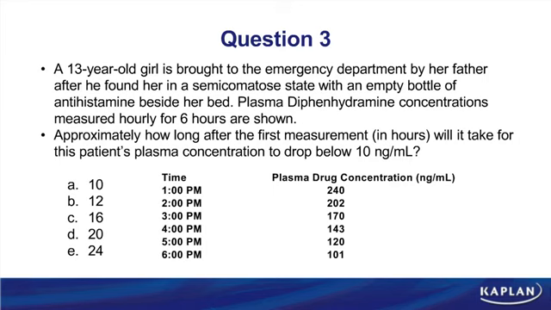In the fourth half-life, we go from 30 down to 15, but we're still not below 10, so we have to go to a fifth half-life in order to go below 10. The fifth half-life takes us from 15 down to 7.5, so it's going to take us 5 half-lives to drop below 10 nanograms per mil. It's 5 half-lives times 4 hours per half-life. 5 times 4 is 20. Choice D is the correct answer.